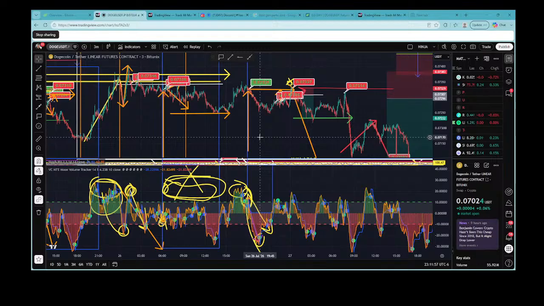To give you an example, if your trade can be executed in the worst conditions, then that is an A1 trade. If your trade only works if everything is in your favor, it's probably not a great trade.